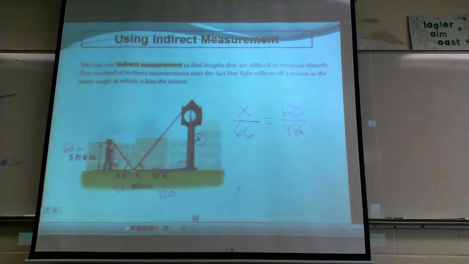I could reduce if I want, it doesn't really matter. I would assume most people are going to pick up the calculator for this anyway. So what's 120 times 66? Do it with the larger numbers. And then divide that by 48. So this would be 165.